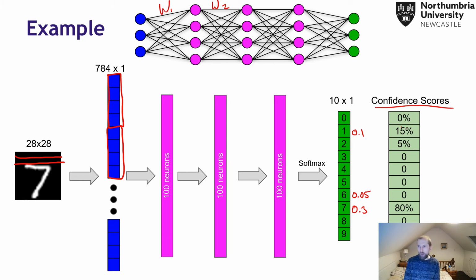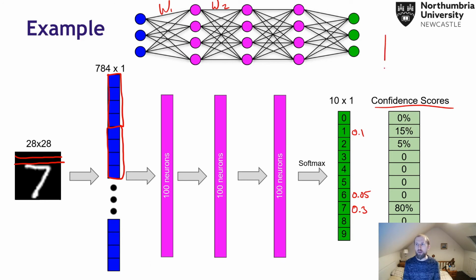So the reason that we get a confidence score of 15% for 1 is that the number 1 already looks quite a lot like number 7. I'm going to explain this in a bit more depth on the next slide. But if we go back to when we talked about representations, each of these hidden layers is essentially going to be a new representation of this input data.